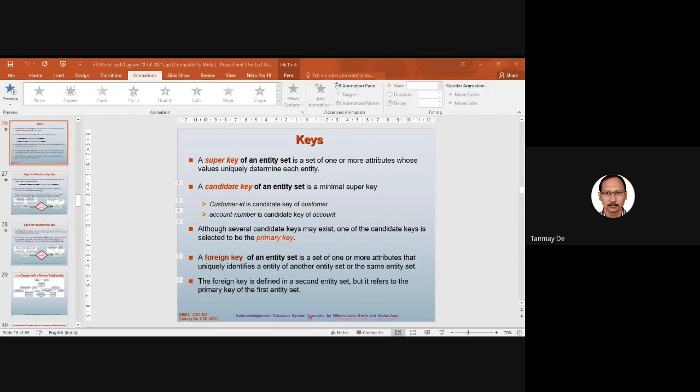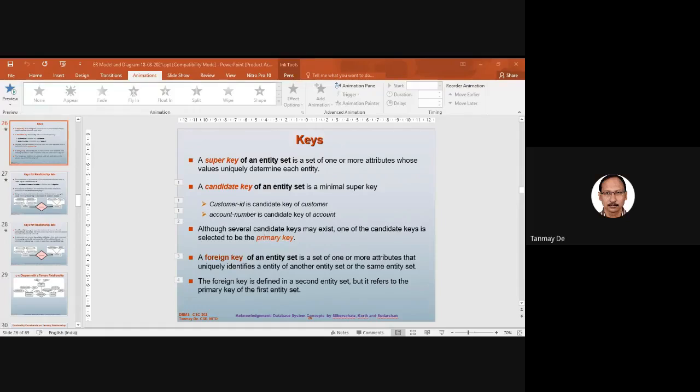In such a situation, one of the candidate keys is chosen by the database designer or the database administrator, and this is called a primary key. That is, the primary key is the one candidate key that is finally chosen by the database designer or administrator to uniquely identify each of the entities in the entity set.